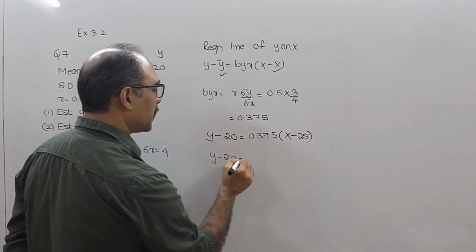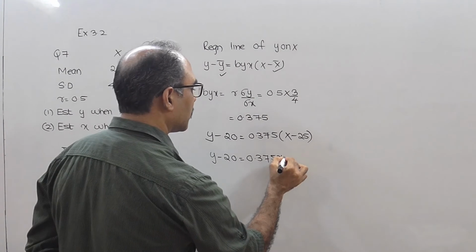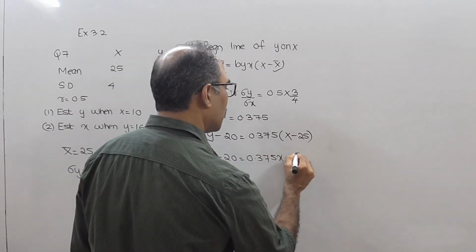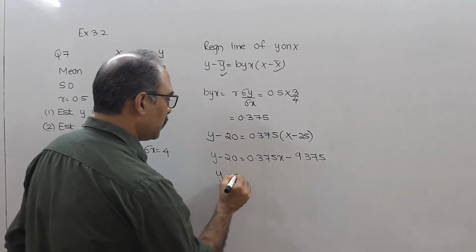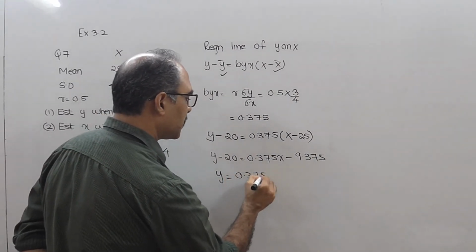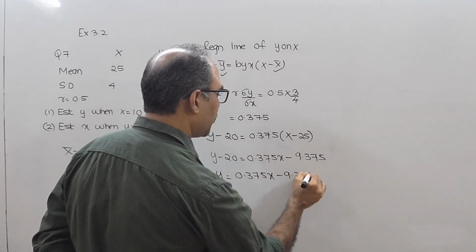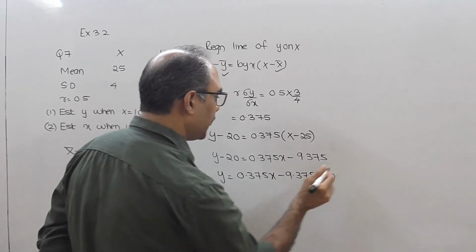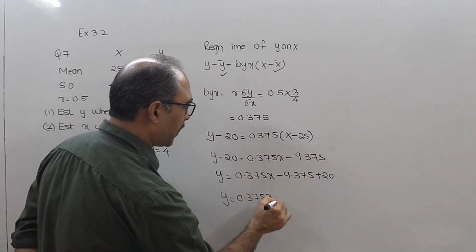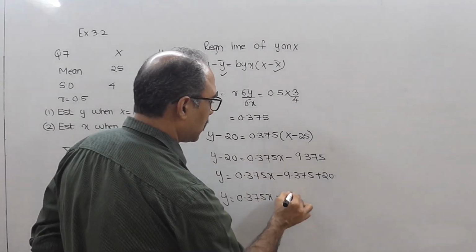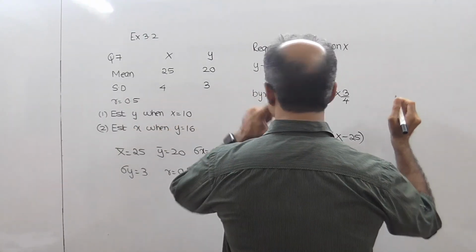We get y minus 20 equals 0.375x minus 9.375, so y equals 0.375x minus 9.375 plus 20. So we get y equals 0.375x plus 10.625. We have to estimate y when x equals 10.